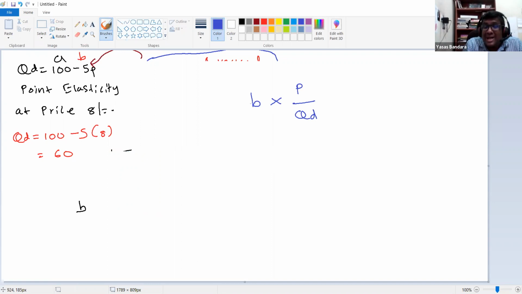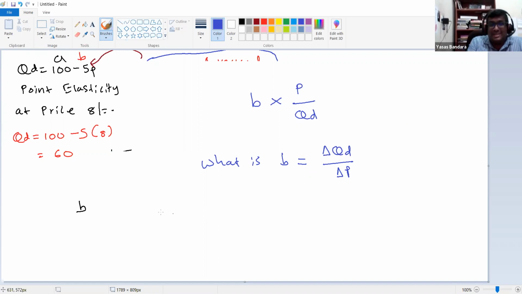And if the student asks what is B, we can't tell B is the slope, because to get the slope, we should draw the demand curve correctly. Therefore, it is quite easier to say B is change in quantity demand over change in price when it comes to demand. So now there's no problem, right?